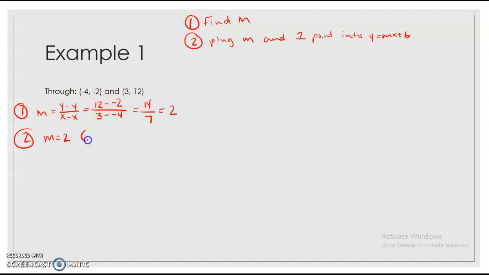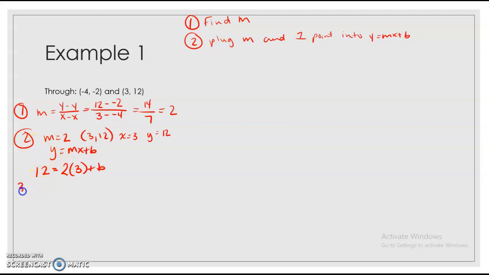I'm going to go with 3, 12. But you will get the same answer if you choose the negative 4, negative 2. What this point means is that x equals 3 and y equals 12. From here, I'm going to plug into y equals mx plus b. My y is 12, so 12 equals m, which is 2, times my x, which is 3, plus b. So that's step 2 right there.